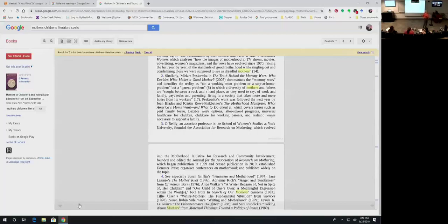Similarly, the next article identifies ways that invisibility manifests itself and the consequences of invisibility. I'm making this up.